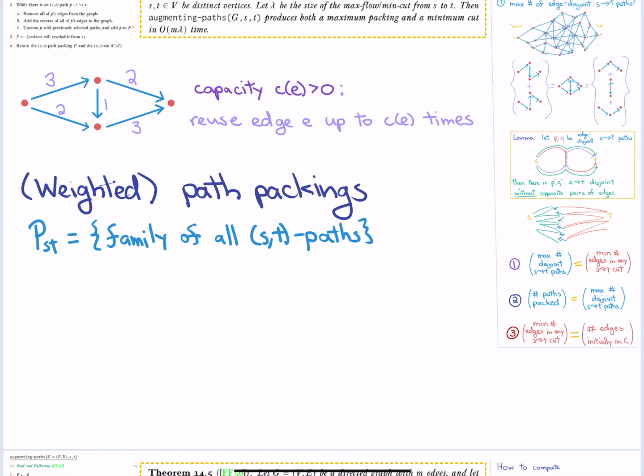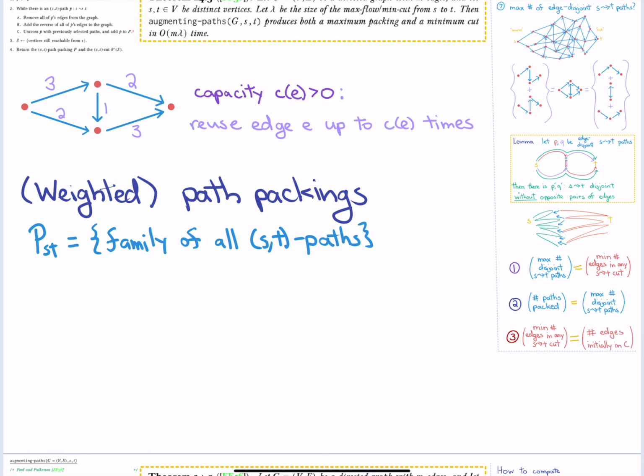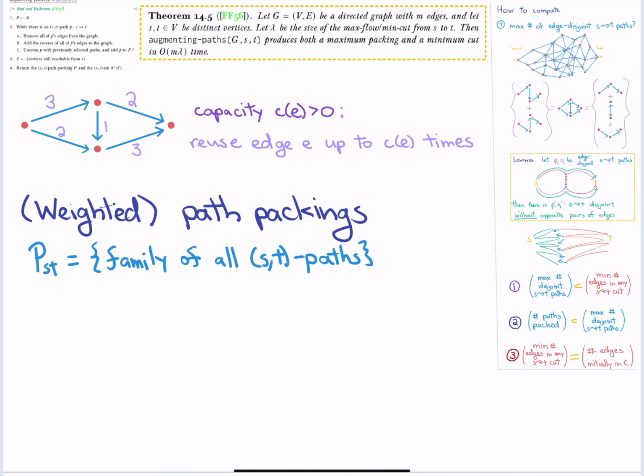This may be exponentially sized, so we won't necessarily write it down anymore. I'm just going to refer to it. Okay, and my goal is to take a lot of paths but in a weighted sense. So I want to take 10 units of this and 5 units of that, so that's 10 plus 5, something like that. Okay. So we're going to maximize.